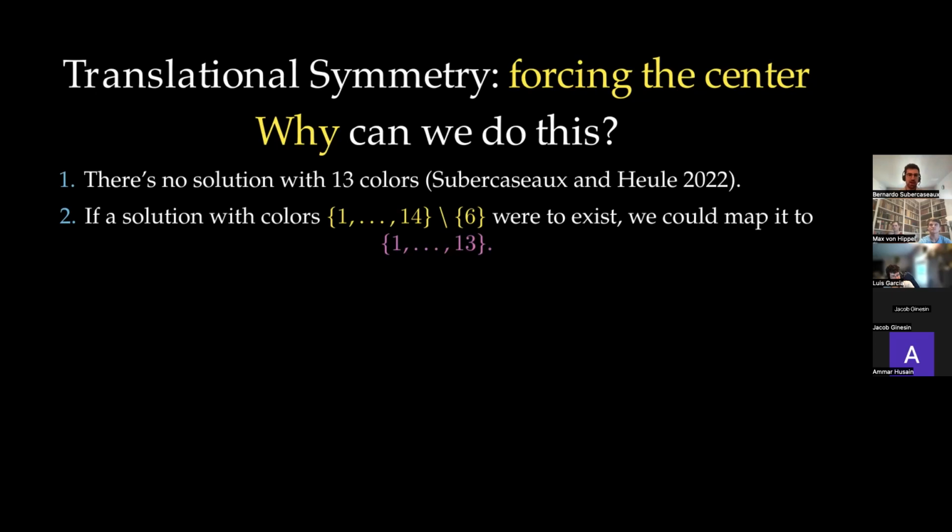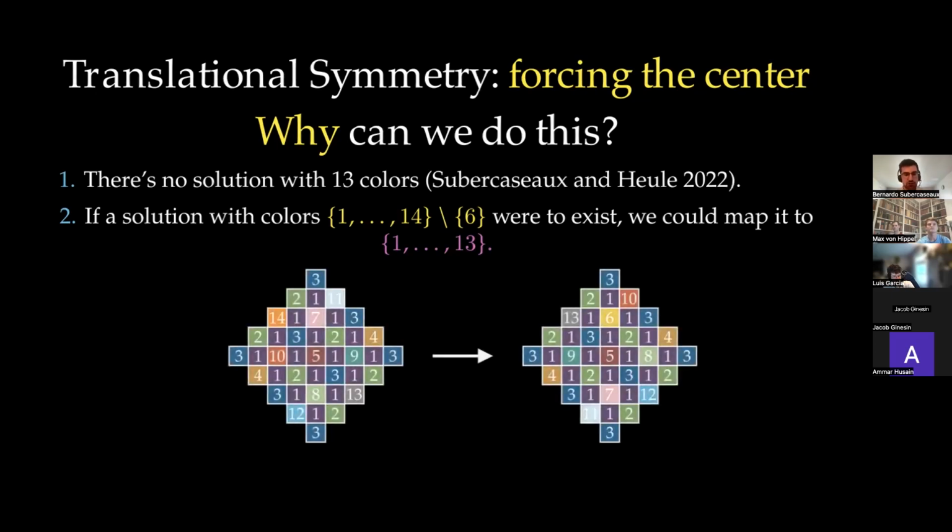So if you have a solution with colors 1 through 14 avoiding 6, then you can map it to 1 to 13, because both are using at most 13 colors, and the one on yellow uses colors that are harder to use. So for example, if we had this solution here on the left, we could map it to that on the right by changing the 14 to a 13 and so on. The 7 changes to a 6, and we know that that's fine because the 6 was not being used before.